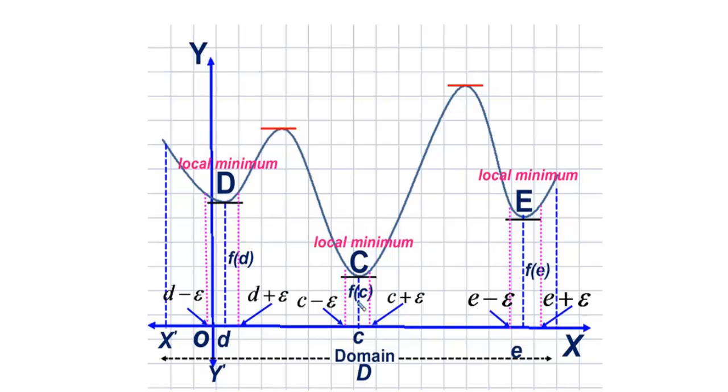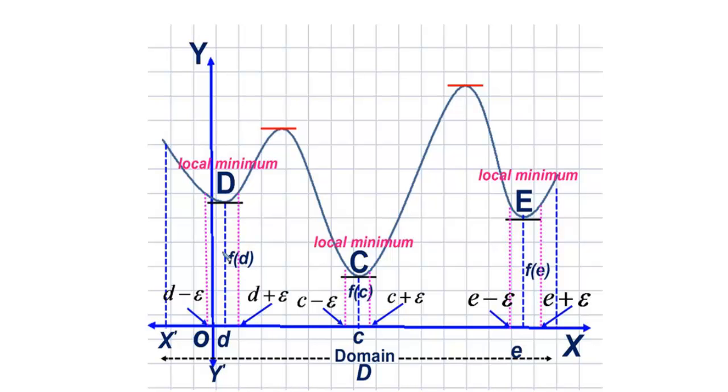Similarly, for the point D in the interval d minus epsilon, d plus epsilon, where epsilon is greater than 0, D is said to be the local minimum point and f of D is called the local minimum value.